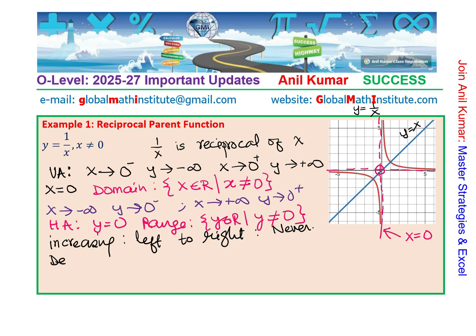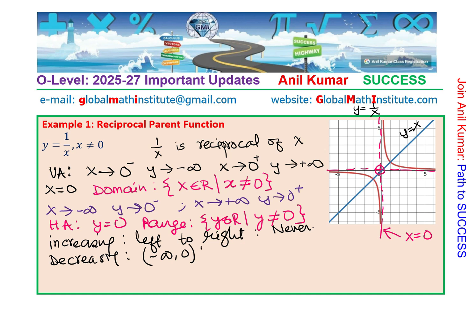But it is always decreasing. So the decreasing interval is from minus infinity to 0, and 0 is not in the domain, and from 0 to infinity, both not included, of course. So it is always decreasing in its own domain. You see that? That is how we can describe increasing and decreasing behavior of this particular function.